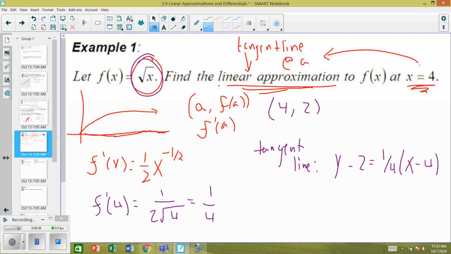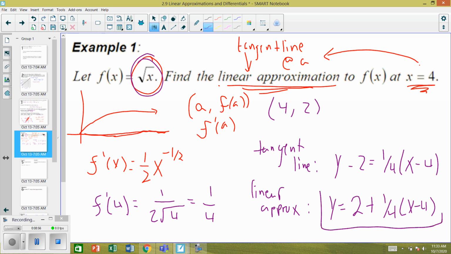Now, the linearization, or the linear approximation, is just that, but they just get y by itself. That's the only difference. y equals, I'll bring 2 to the other side. And this right here is the linear approximation of f of x at x equals 4.